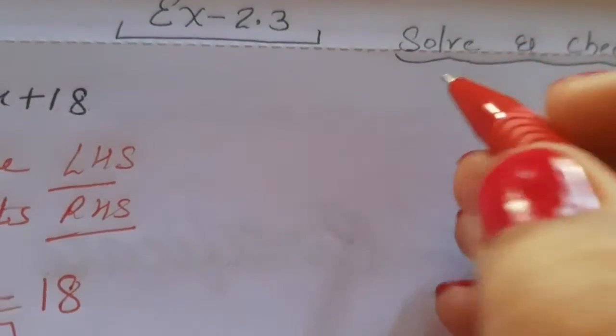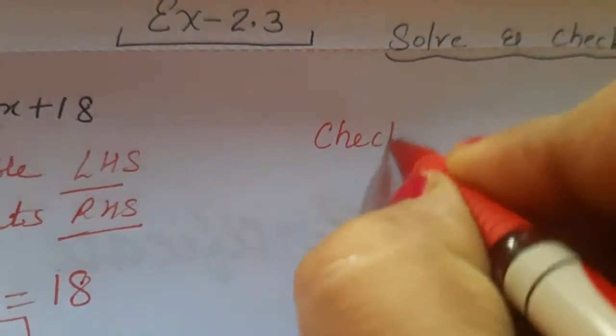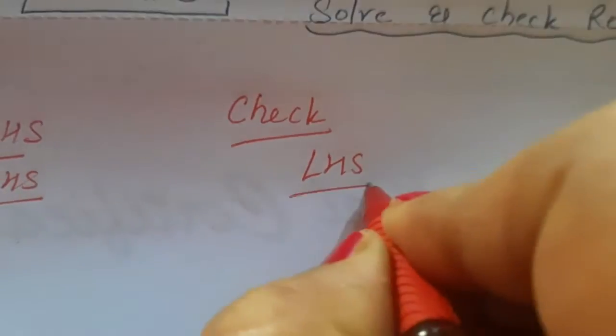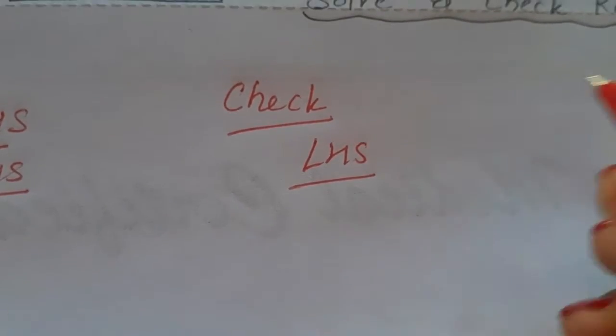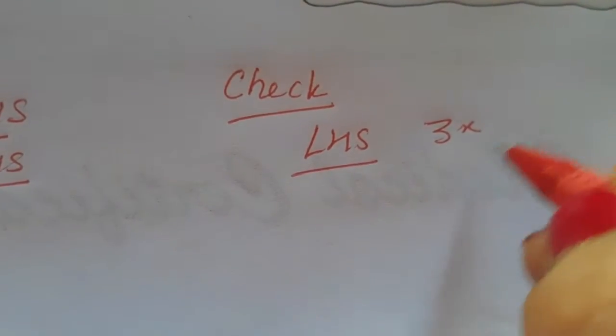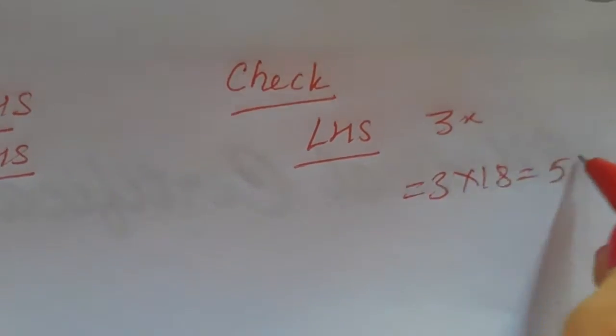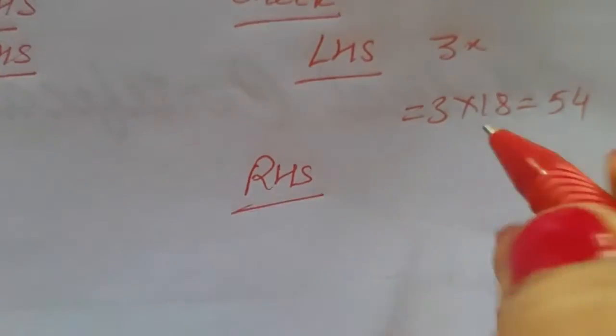Let us check the result also. How to check it? First of all, we will put the value in the left hand side. Left hand side is 3x, that is 3 into 18, 54. Let us check the right hand side as well.